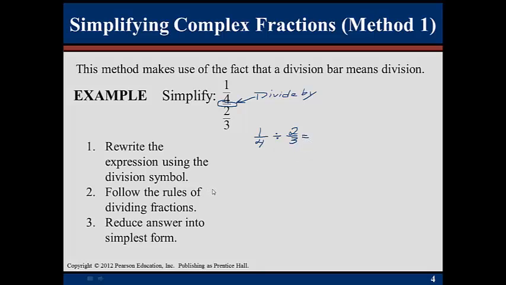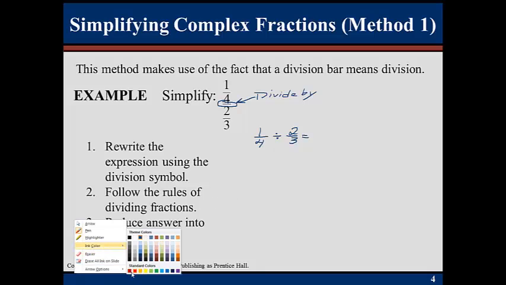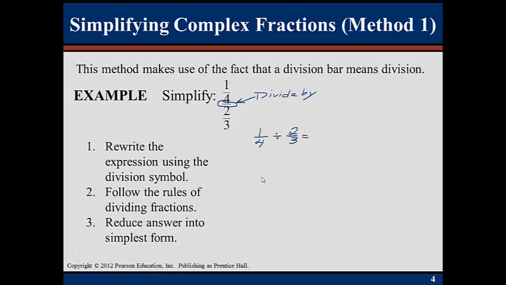And then step two says follow the rules of dividing fractions. Well, we all realize that we do not divide fractions. Instead, we multiply by the reciprocal. So keep the first fraction, which is 1/4. And then instead of dividing, now multiply. The flip of 2/3 is 3/2. So now we really have 1/4 times 3/2.